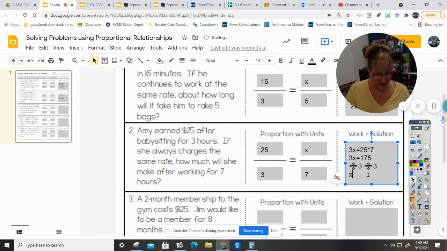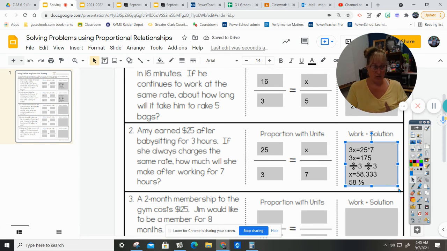So I'm left with x on this side equals 175 divided by 3. Calculator. Divided by 3 equals 58.33333, which is 58 and 1/3. So I'll make that a little bigger so we can read it.